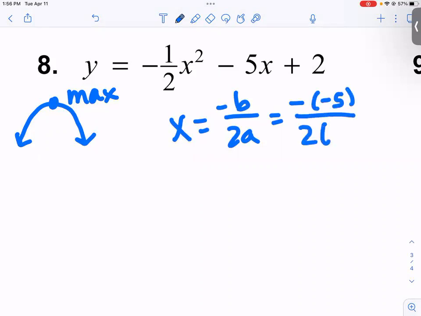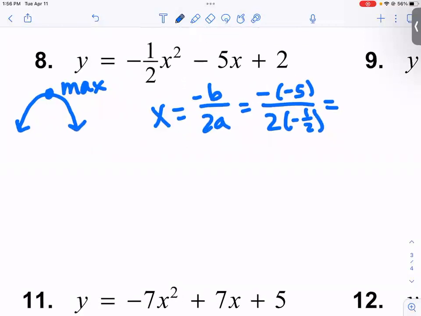And a is negative 1/2. Okay, so negative 5 turns into a positive, right? 2 times negative 1/2. Okay, so negative 5 is the x coordinate of our vertex.